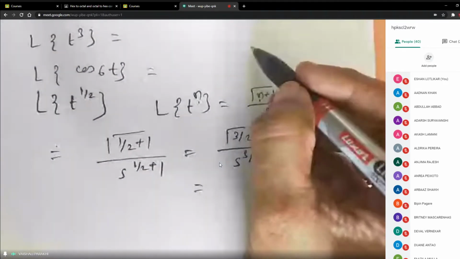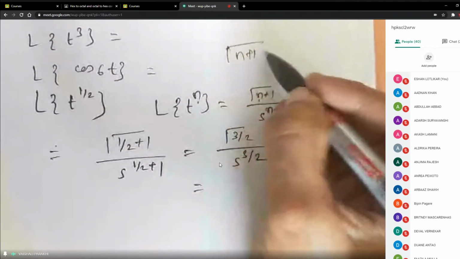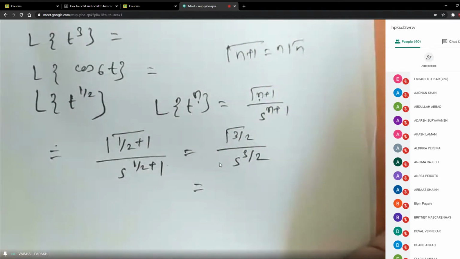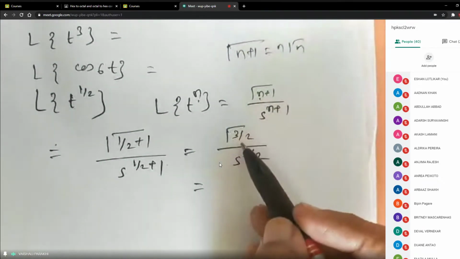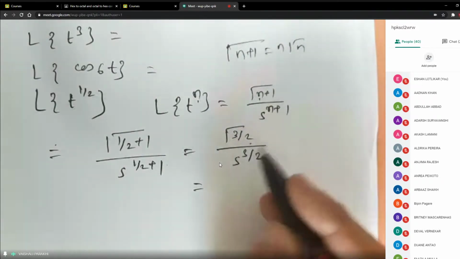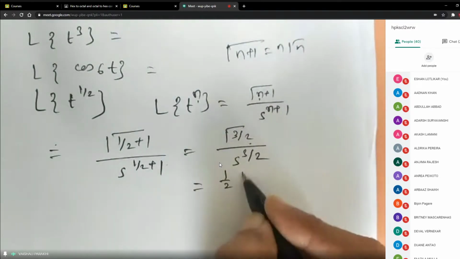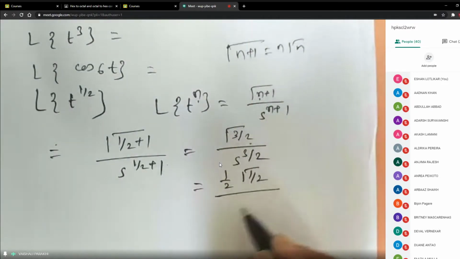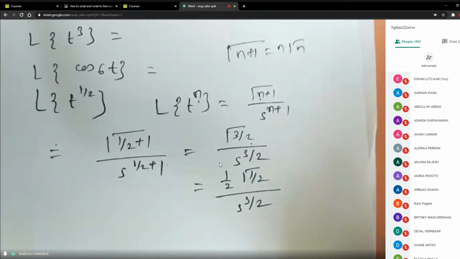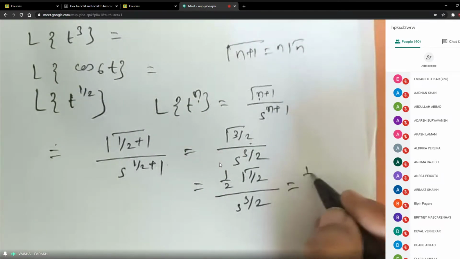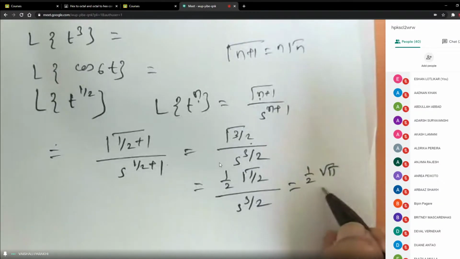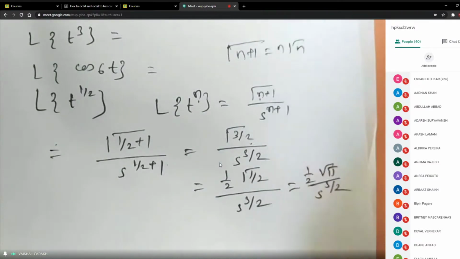Reduction formula is gamma of n plus 1 is equal to n into gamma of n, no? So you have to reduce this number by 1. Gamma of 3 by 2 will be 3 by 2 minus 1, that is half into gamma of half divided by s raised to 3 by 2. But what is gamma of half? It is root pi divided by s raised to 3 by 2. Okay, got it, students?